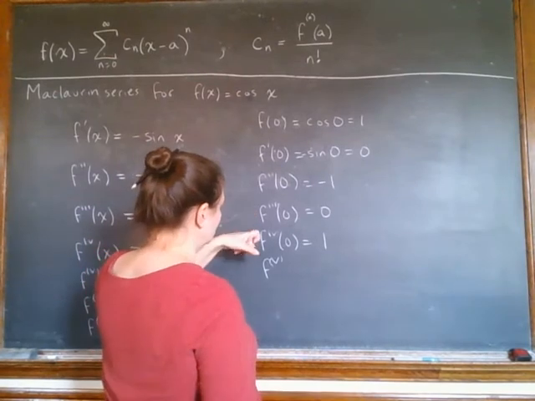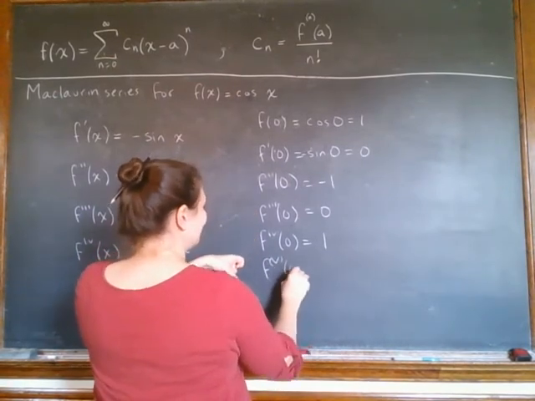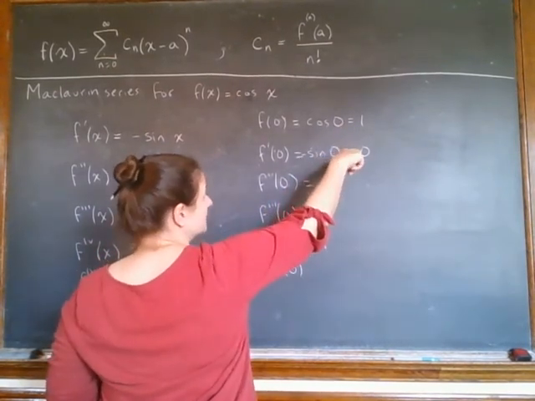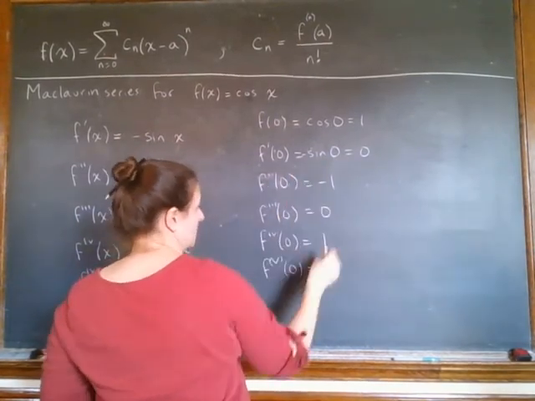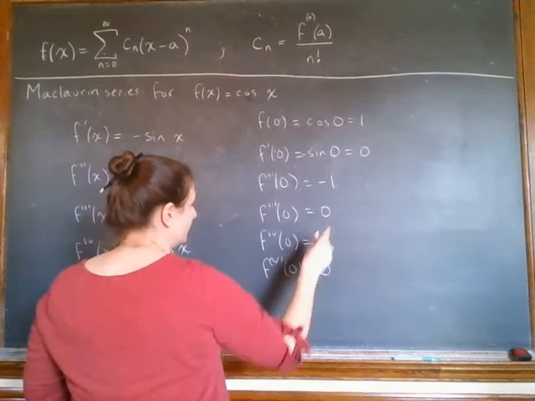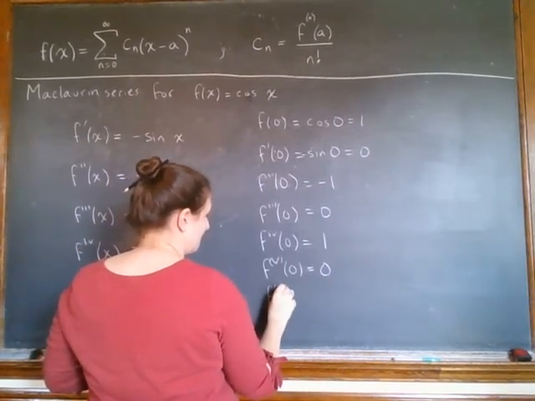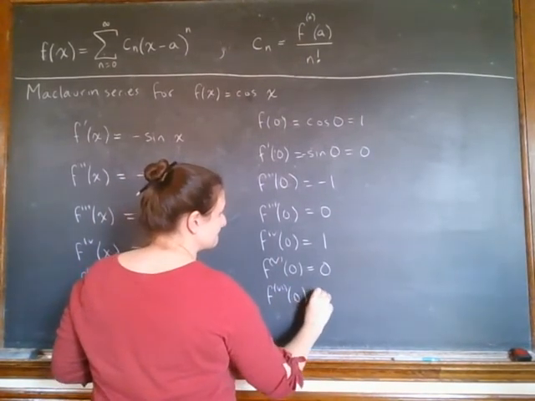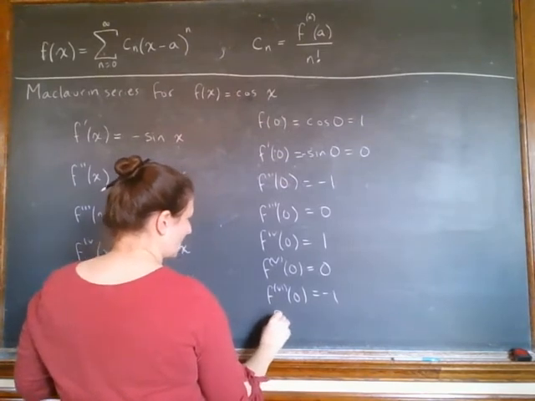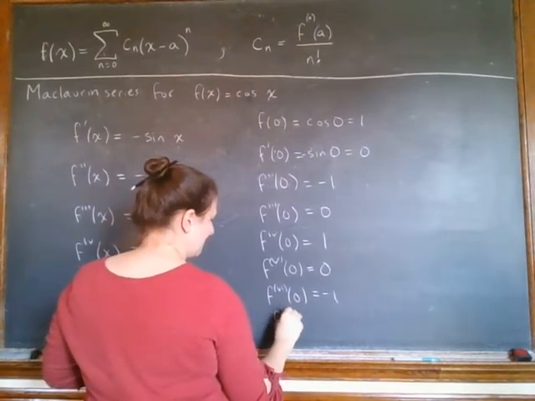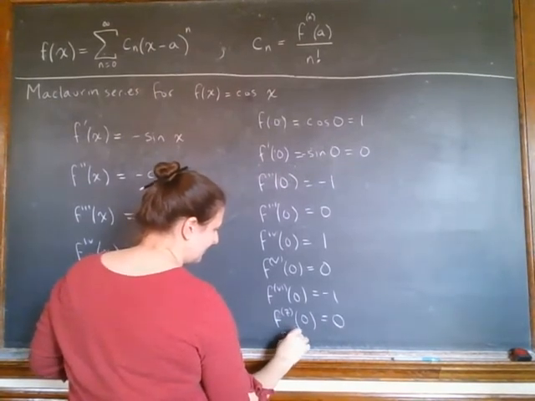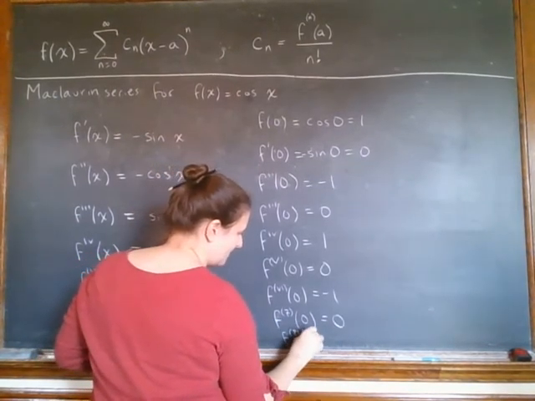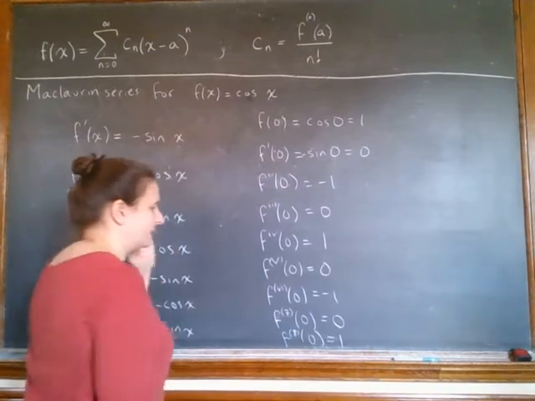So I got 1, 0, negative 1, 0, and it's going to repeat. So it's going to be 0, negative 1, 0. Five, 6, 7, and then if I do 8, plugging in at the bottom here, it's going to be 1 here.